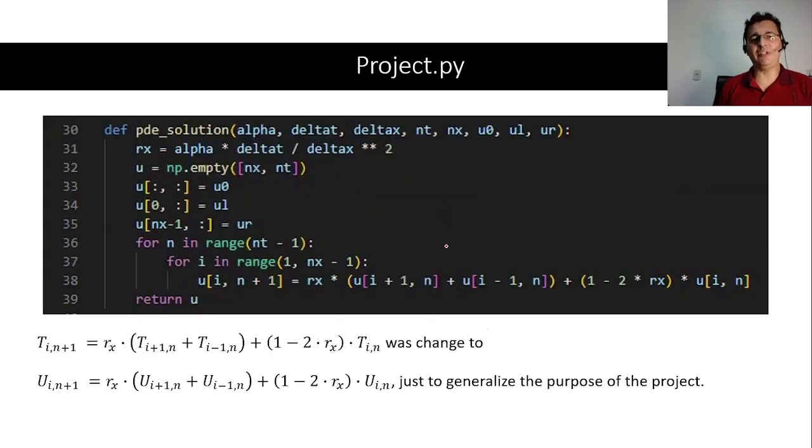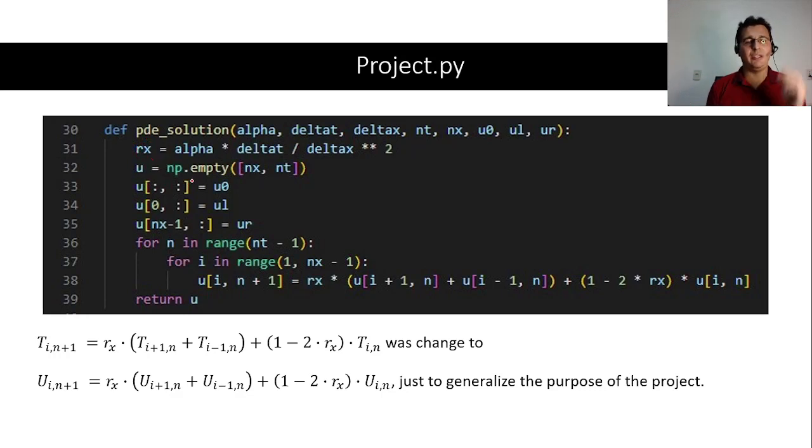For PDE solution, we receive alpha, delta t, delta x, t and x, the initial condition, boundary condition 1 and boundary condition 2 to solve my problem. First, we put Rx as I had before.